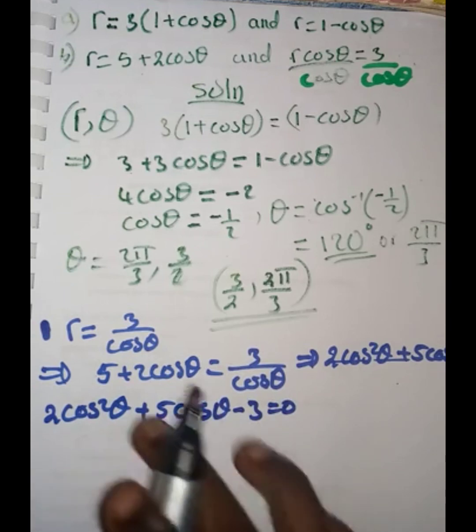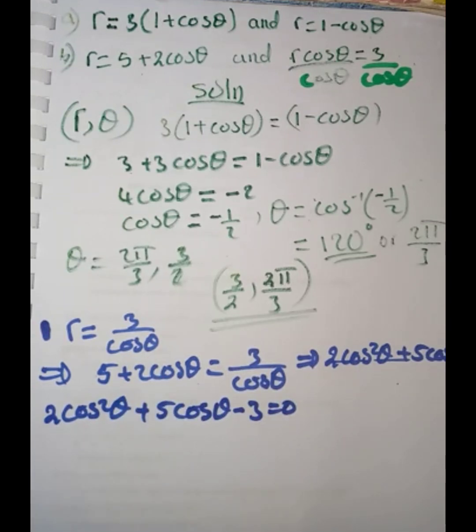Great. This is quadratic, right? We can let cos theta equal to something, but let's just solve it in terms of cos theta. We take 2 times negative 3, which gives us negative 6. Two numbers that multiply to give negative 6 and add to give 5 must be 6 and negative 1.